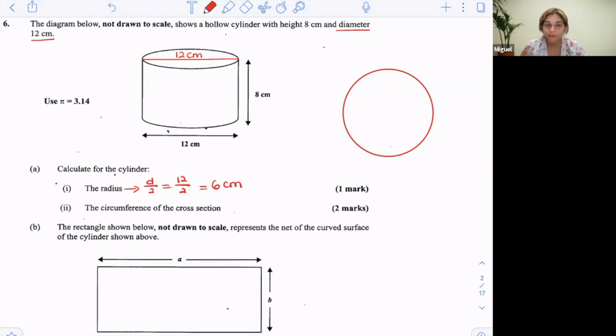So the circumference is the same as the perimeter. We use perimeter for rectangles and squares, but for circles, we have a unique name for the distance around, and that is called the circumference. The formula for circumference is pi times diameter or 2 pi r. It is 2 marks, so go ahead and work it out.